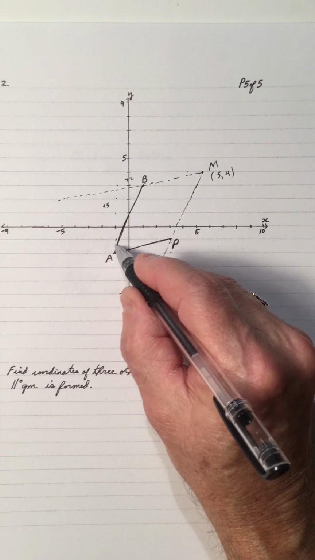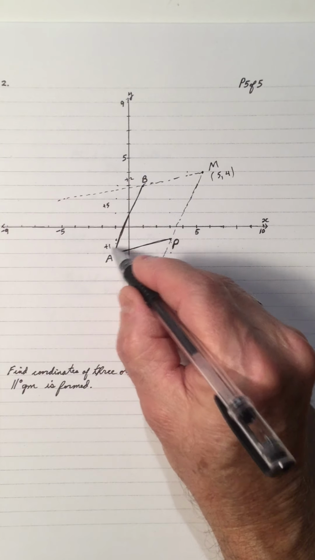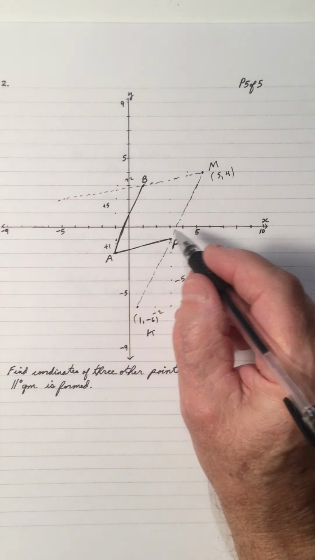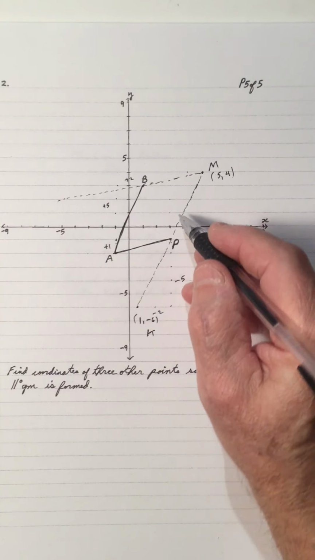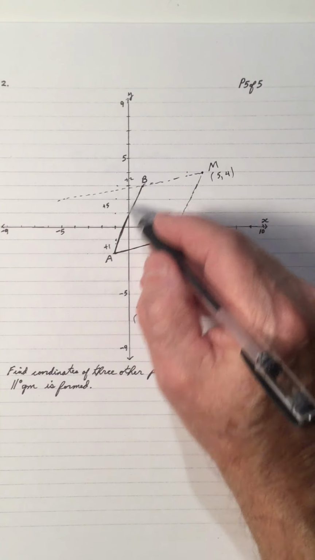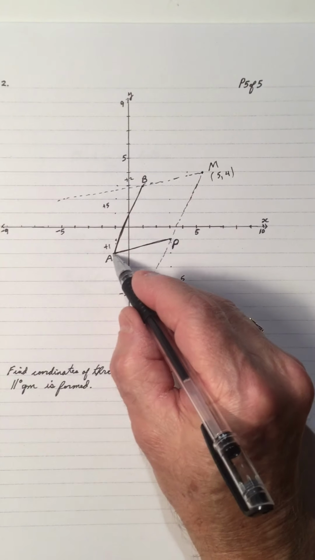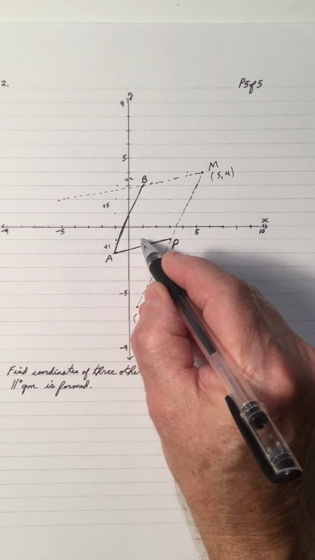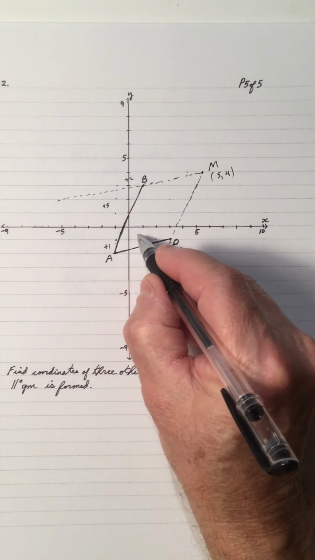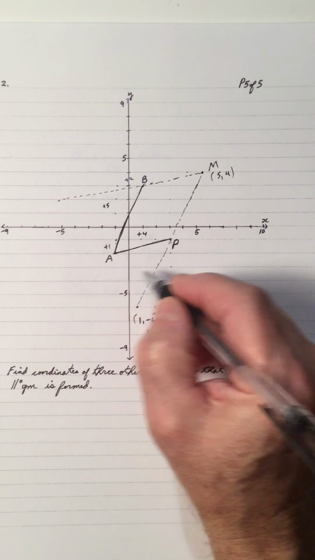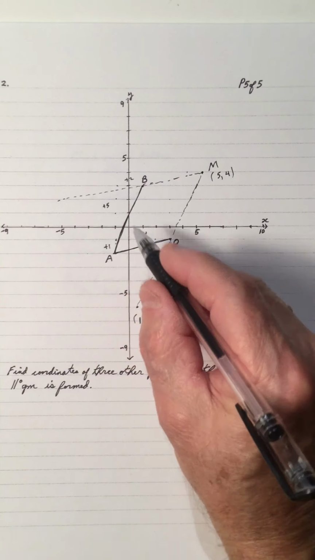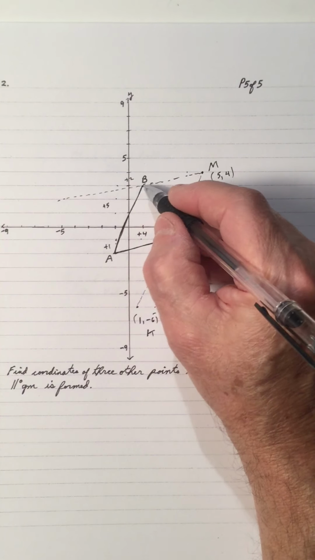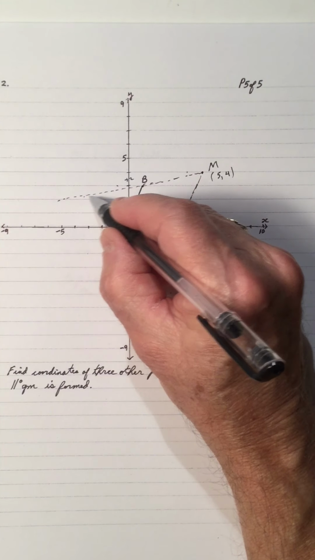Well, so we go up 1, so that's a plus 1. We want this slope here. 1, 1, 2, 3, 4. So the slope of this line is 1 over 4. So that means I want to get this point here.